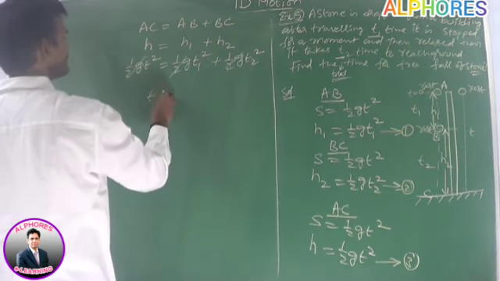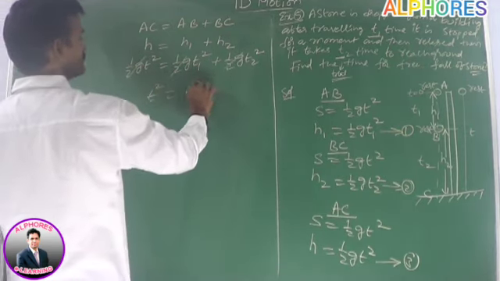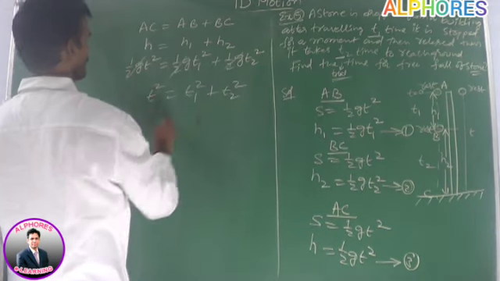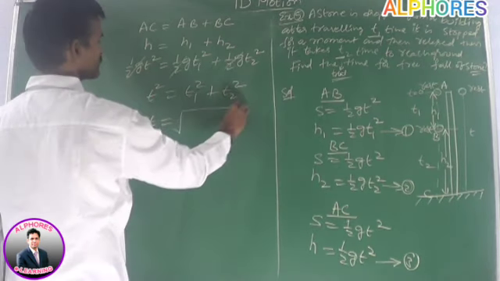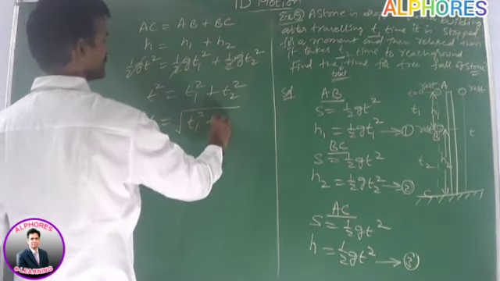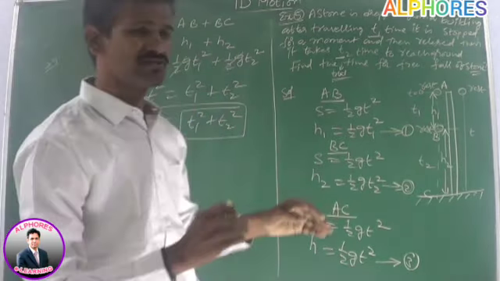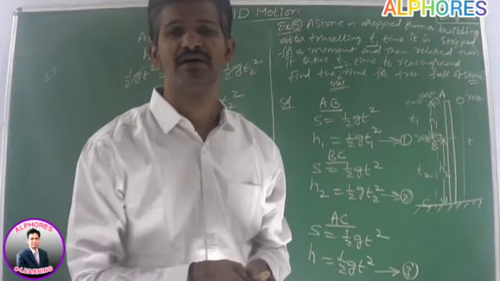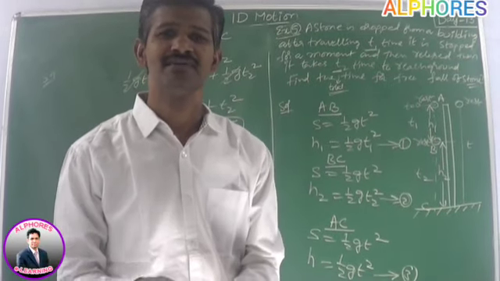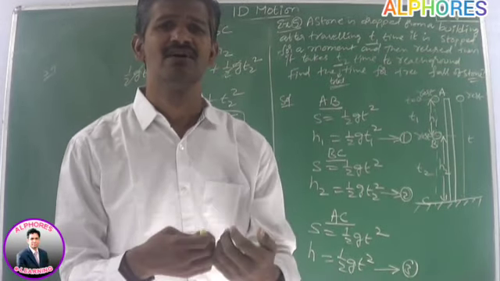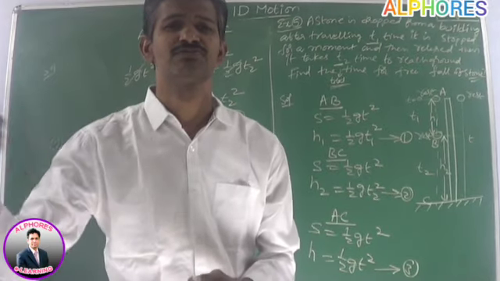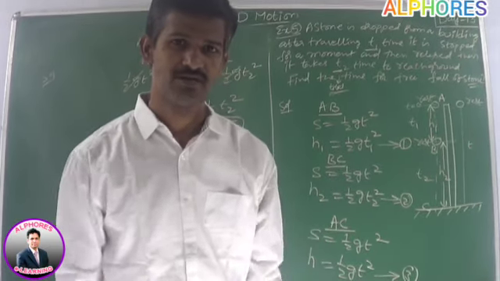You get t square is equal to t1 square plus t2 square, or t is equal to root of t1 square plus t2 square. Suppose if the stone is again stopped somewhere in the middle, then you get t3. Then the total time is root of t1 square plus t2 square plus t3 square, and so on. Okay?